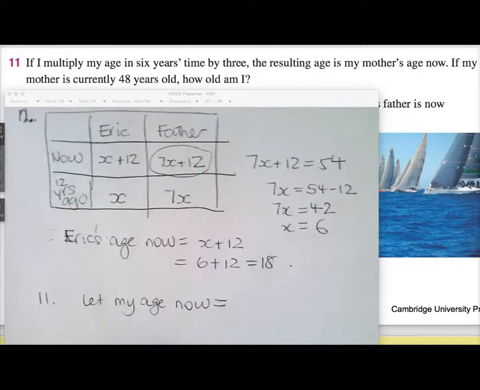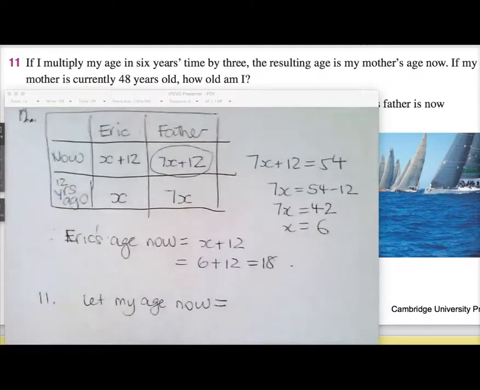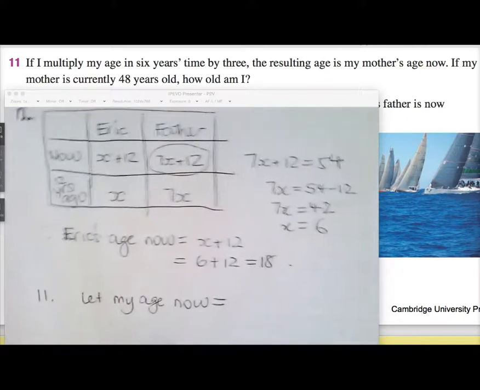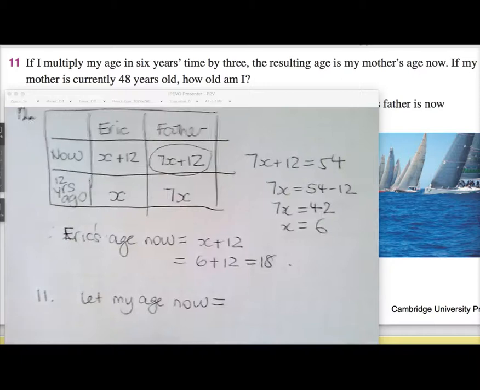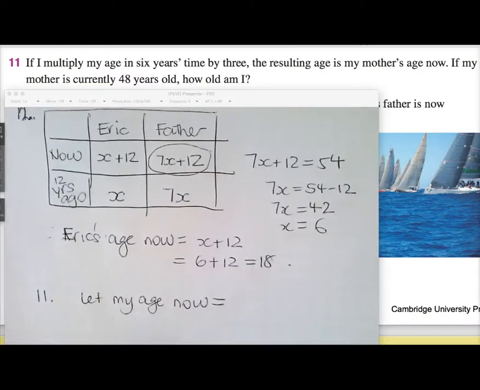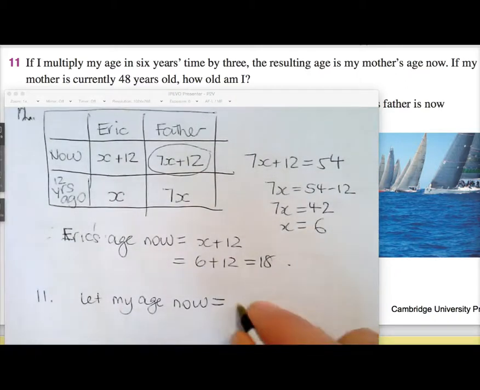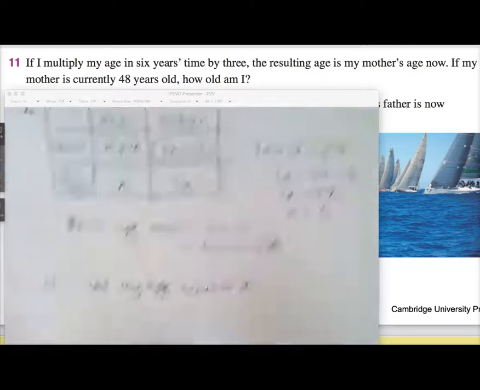I don't think we need a table because it's not saying so-and-so is this many times older than this person in so many years' time. I know it does say in 6 years' time, but it's a bit different to the other one. So if I multiply my age in 6 years' time by 3, let's do my age now. If I'm X, you just got to have a starting point.